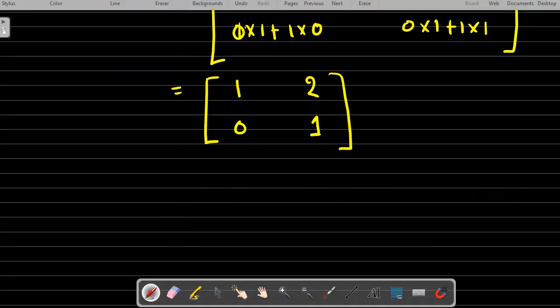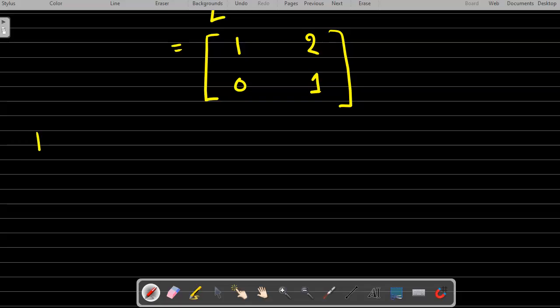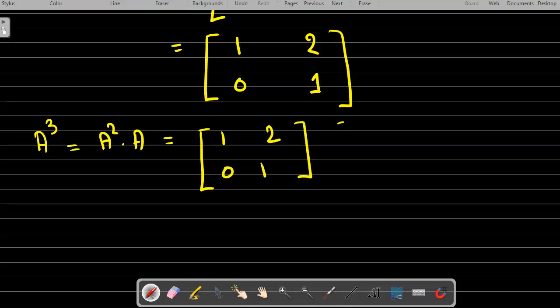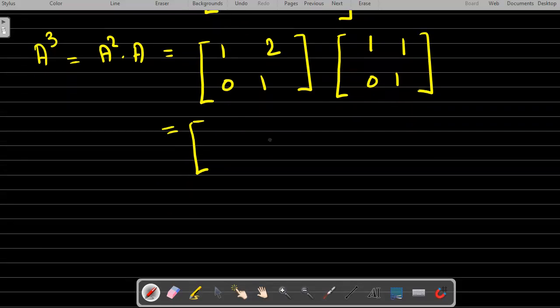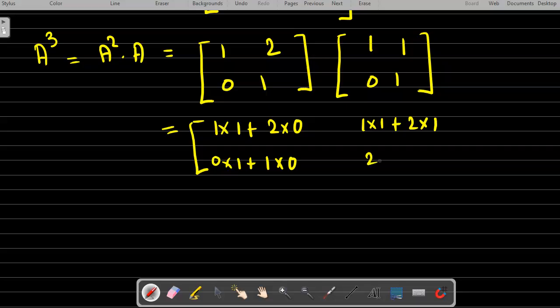This is A square. Now let's find A cube for your convenience. A cube is equal to A square multiplied by A. So what is A square? A square is 1, 2, 0, 1, and A is equal to 1, 1, 0, 1. In a similar way find the multiplication, that is 1 into 1 plus 2 into 0, then 1 into 1 plus 2 into 1, then 0 into 1 plus 1 into 0, then 2 into 1 plus 1 into 1.